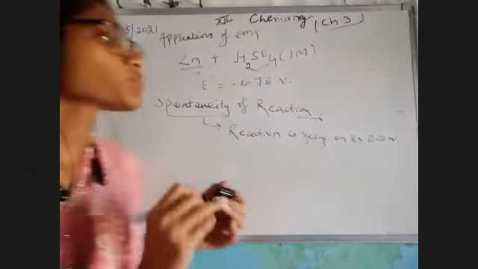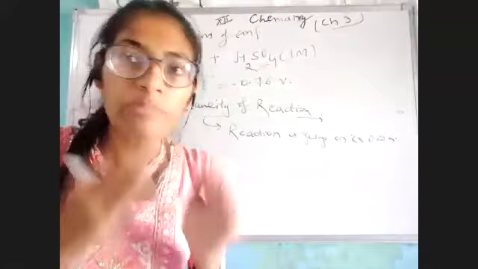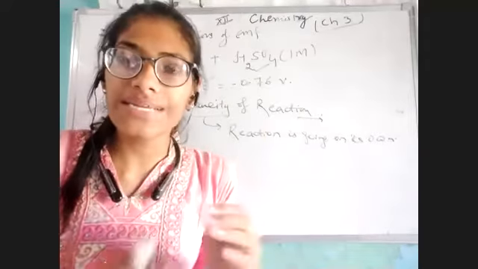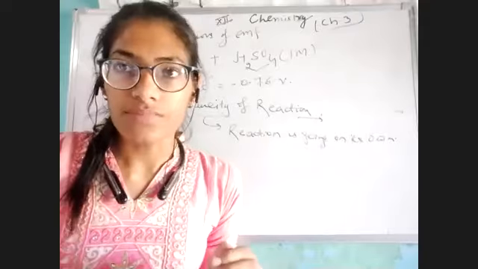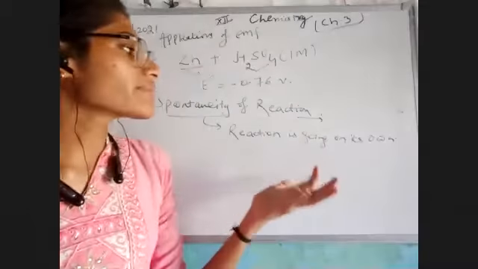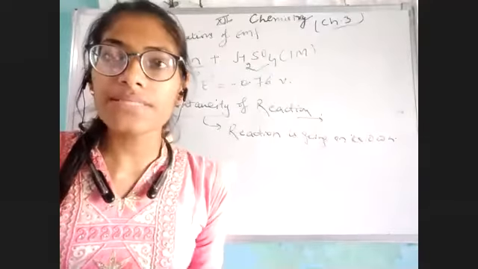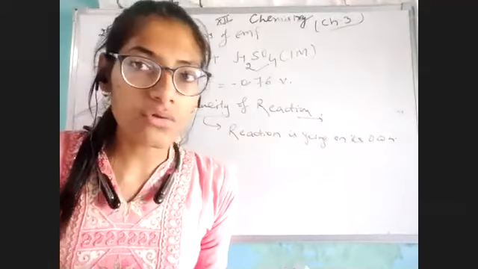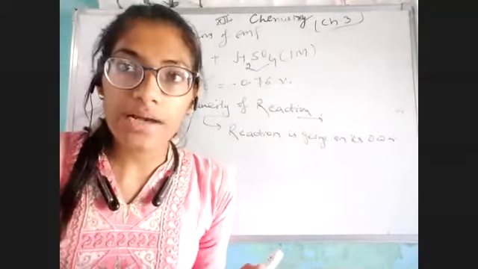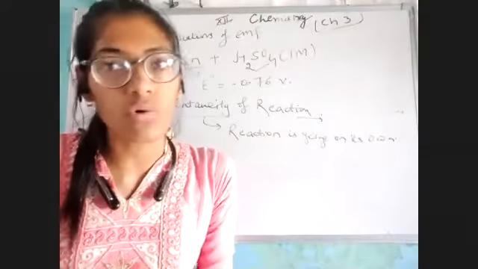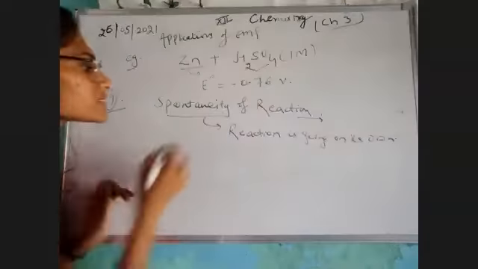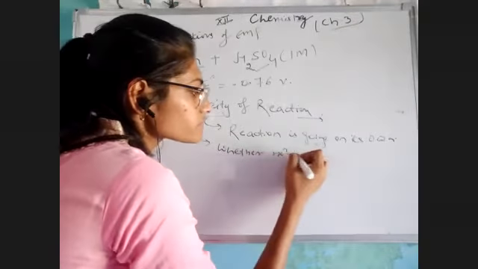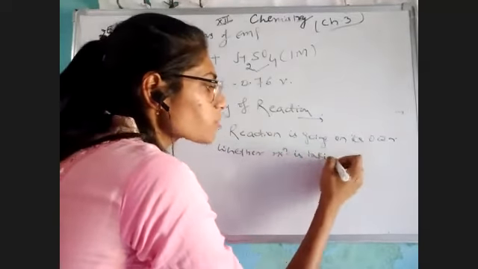That means we do not need to provide any particular energy for the reaction to proceed. It has sufficient energy, it has sufficient pace that it can easily complete the reaction. So spontaneity means automatic, without any efforts. So to check the spontaneity of a reaction, we have to check whether the reaction would take place or not. This is known as spontaneity.